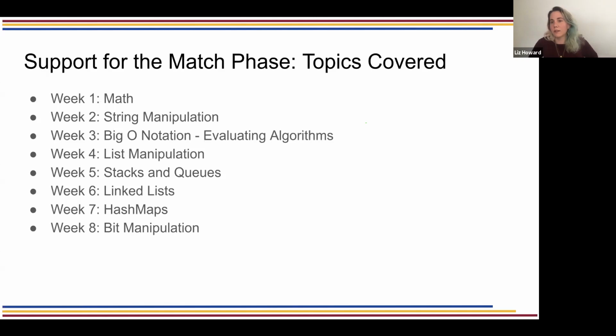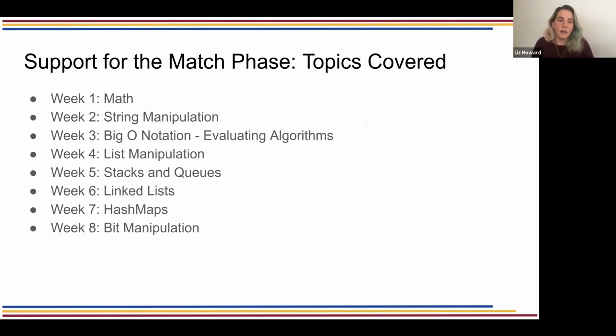Week 4, we're going to go into list manipulation in a deeper way, stuff like sorting and searching. There's a number of algorithms you should know, stuff like quicksort or merge sort or insertion sort. You may have heard of these before. So we're going to look at some sorts and some list manipulation.